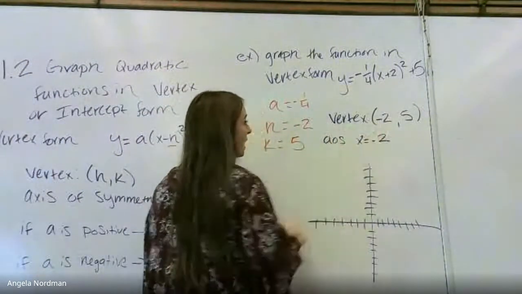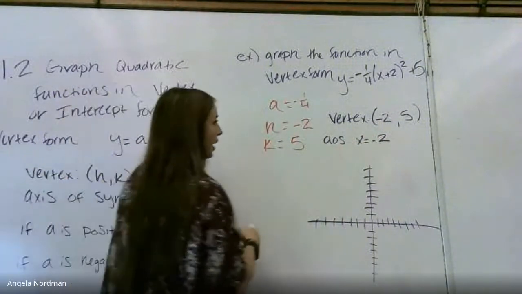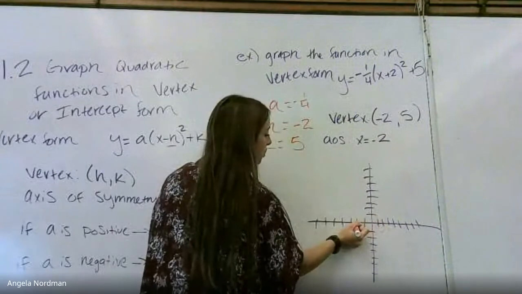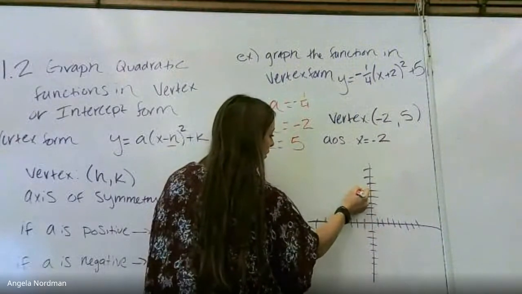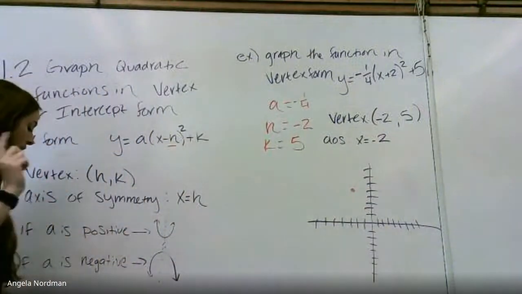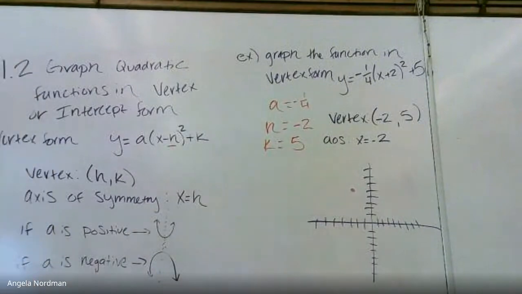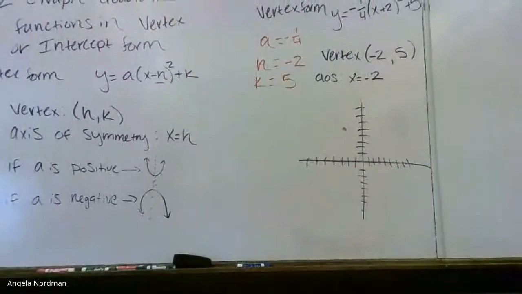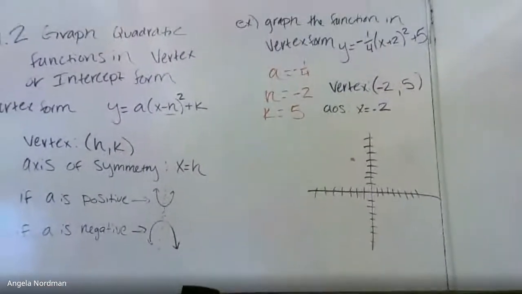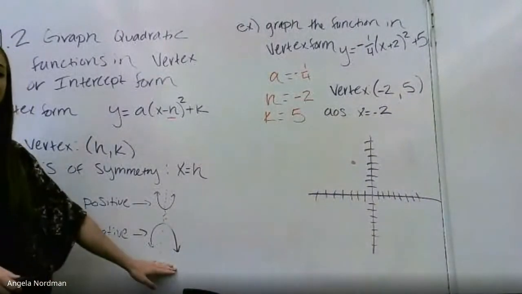So vertex is at -2, 5. I go over to -2, up 5. Okay. So another piece of information, my A here, I can see is negative. When I have a negative A, I know negative A's mean I open down, right?